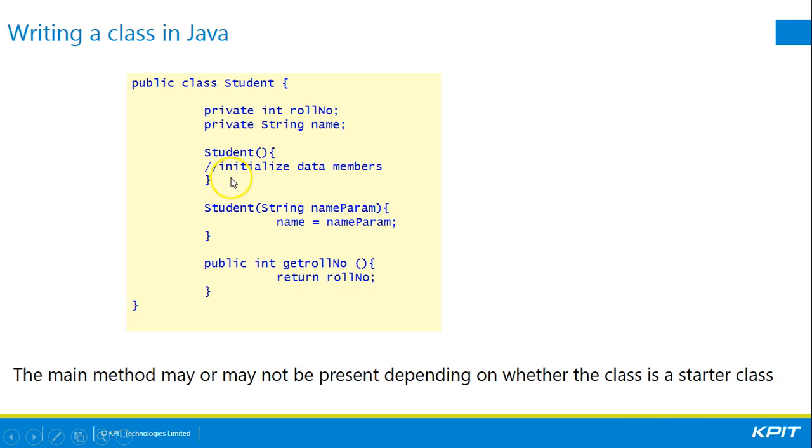This will initialize the data members of a class, and we can write a number of constructors in our class as long as the parameter list is different. And there's a method which returns the roll number of a particular student: public int getRollNumber.